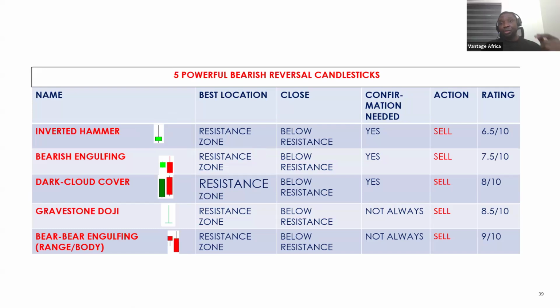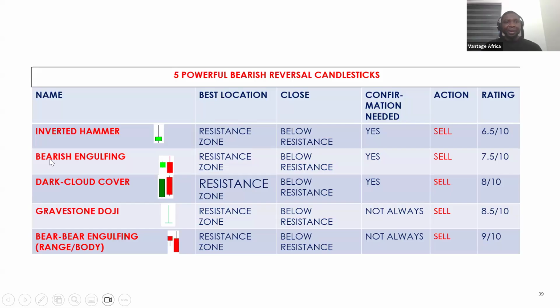That's what you're looking for. But make sure it's at a resistance zone. If it's not at a resistance zone, there's a big problem. You don't want to get into that. It has to be at a resistance zone.